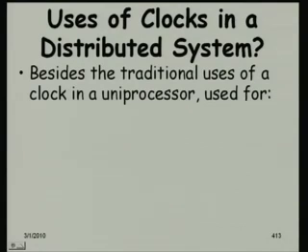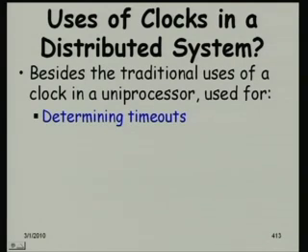So we had seen that the traditional use of a clock in a uniprocessor is to determine whether a task completes in time, right. We had said that there will be a timeout if it does not complete in time, and some exception situations need to be handled, that is, it misses its deadline.